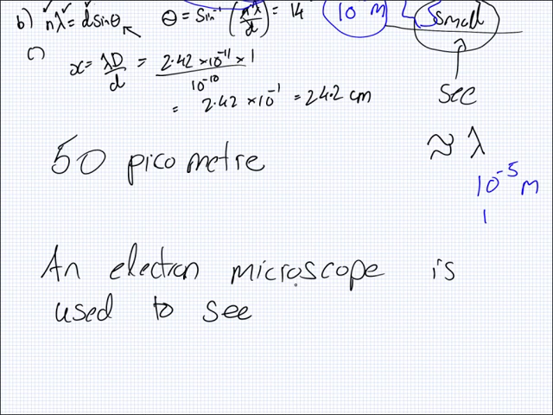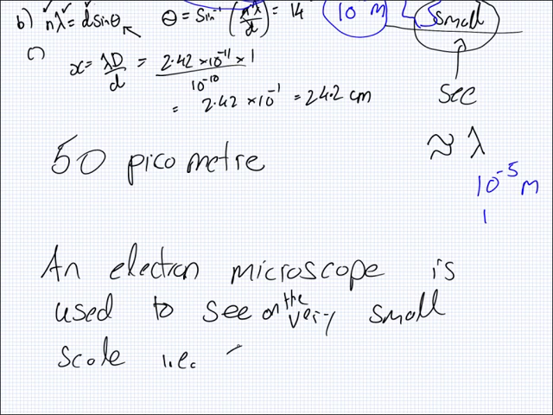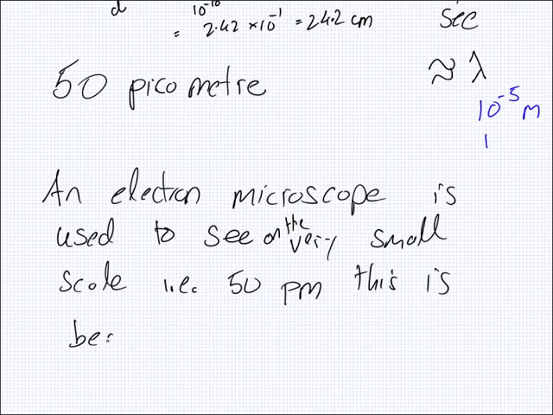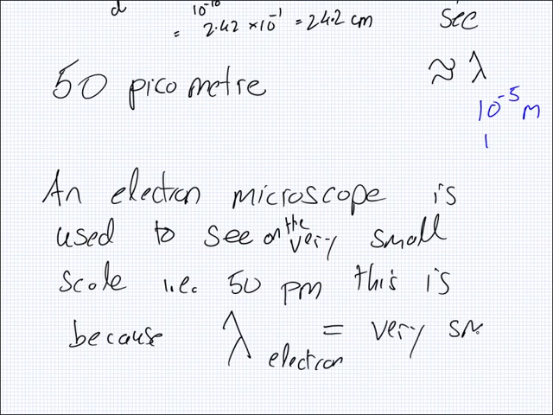An electron microscope is used to see on the very small scale, i.e. 50 picometers. This is because the wavelength of the electron is very small.